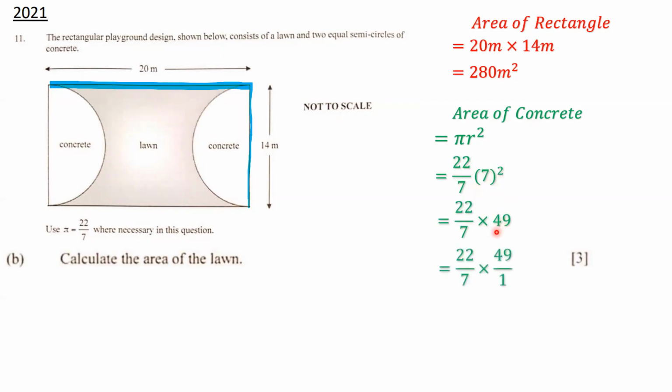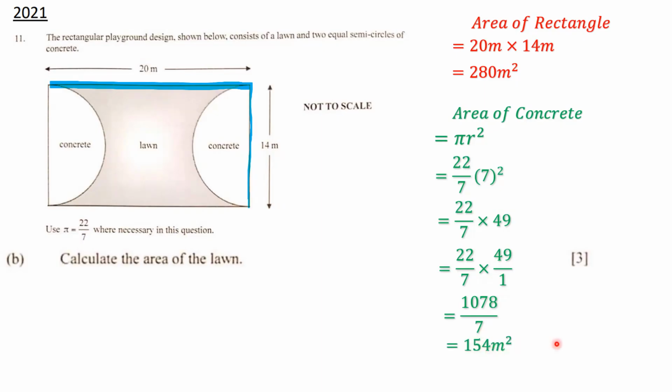And so we have 22 over 7 multiplied by 49 over 1. We multiply 22 times 49, which is going to be 1,078, and we do 7 times 1, which is 7. So 1,078 divided by 7 is going to be equal to 154 meters squared.